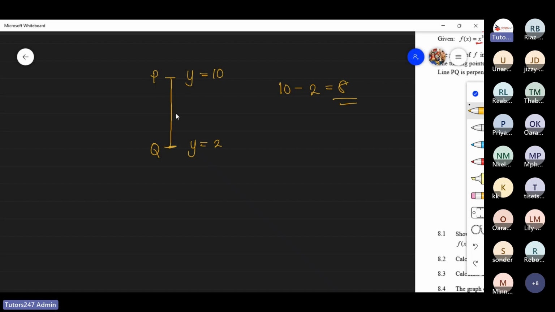So we now know that the length of PQ is 8, or the equation of PQ is 8. Because if you say y equals 8 or distance equals 8, technically these are equations, are they not? They have a left-hand side, an equal sign, and a right-hand side. So if we want to find the equation of a vertical line, just from this example, we take the highest point minus the lowest point.